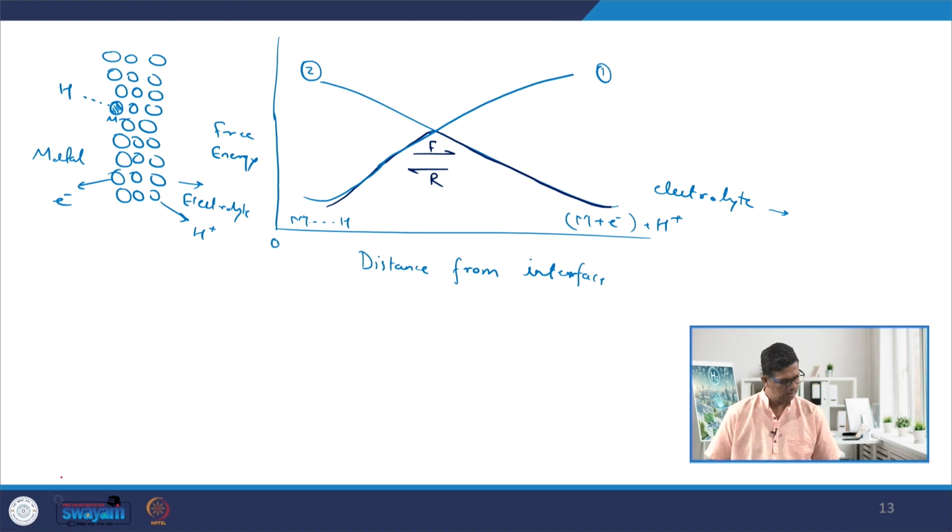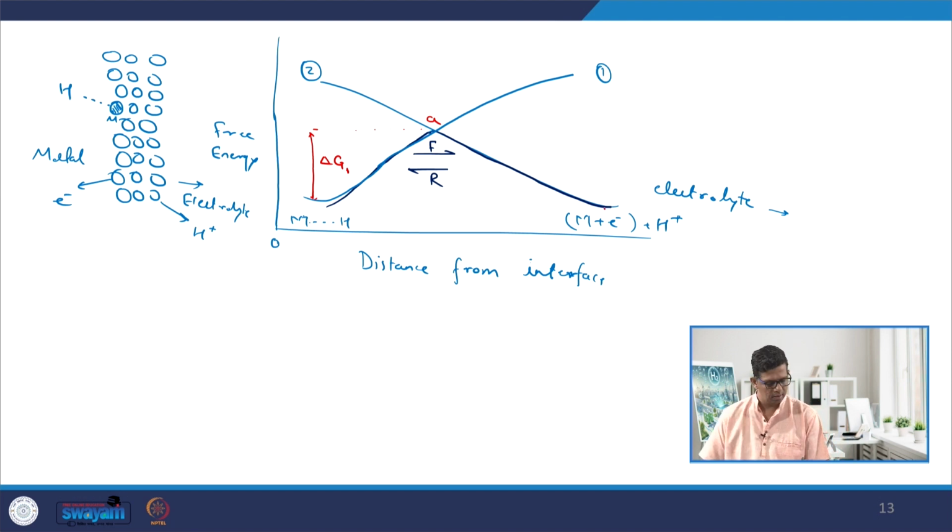If you look at this reaction barrier, this is your reaction barrier for the reactant species, that is M dot H. Once they achieve this position A, they can be converted into the products, that is M plus e plus H plus.